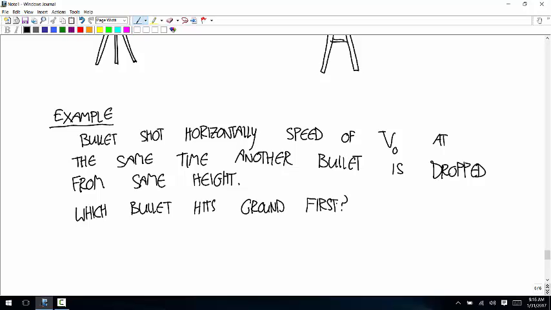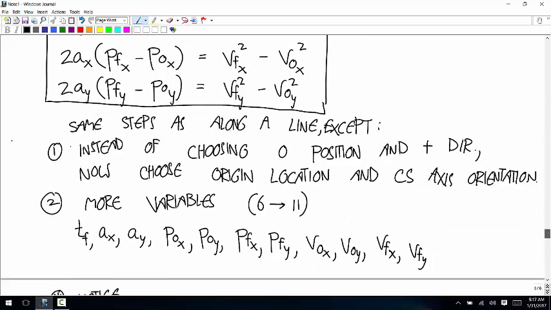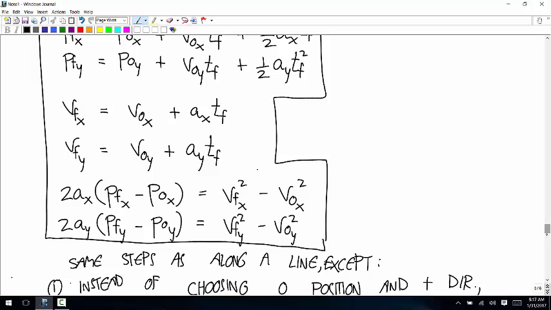Intuitively, I think to most people it seems obvious that the bullet that's shot is going to hit the ground a lot later than the bullet that's dropped. But it turns out that you can see it when you look at these equations. All of these equations are totally uncoupled from each other. The y equations only depend on y values, and the x equations only depend on x values.